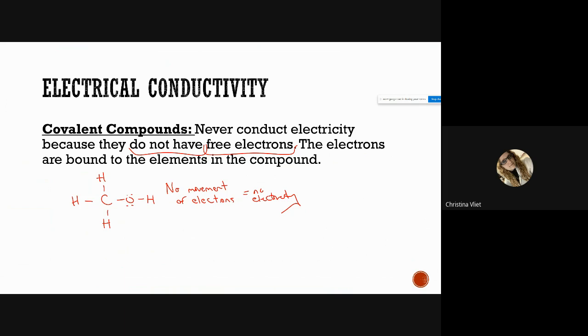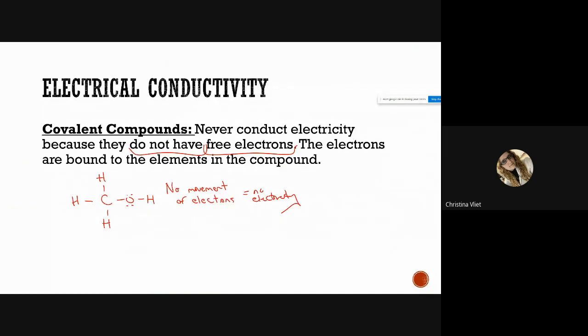No movement of electrons equals no electricity. Covalent compounds have no overall movement of electrons. They're stuck in place, bound to the elements in the compound. So then, have you been told that water conducts electricity?